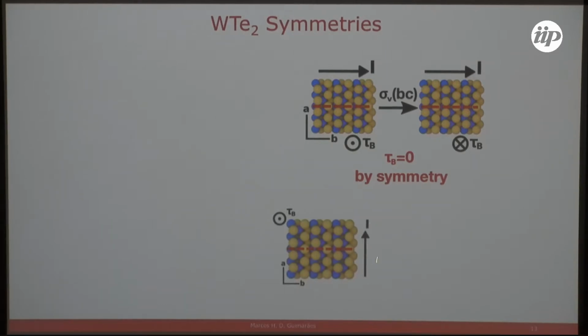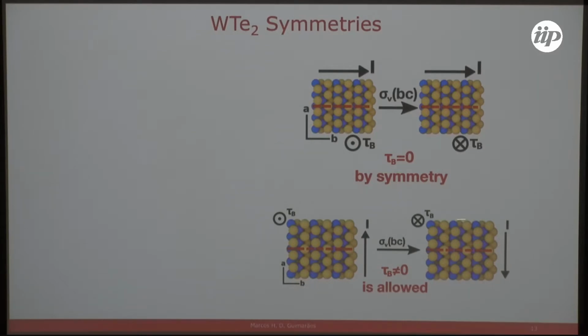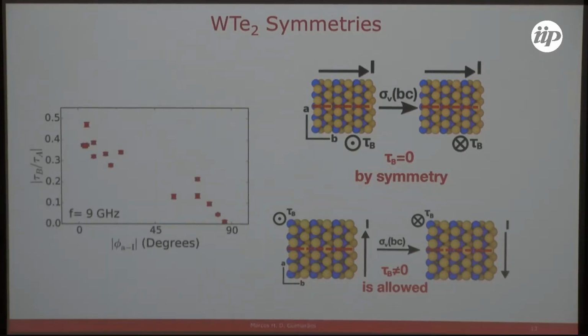But what if I flow the current perpendicular to this mirror plane? Then the mirror plane will reverse the current direction, but also reverse the torque. So symmetry considerations will just tell you that that's allowed. And it turns out that if you make many devices with the current pointing in different directions with respect to the mirror plane, you can see this out-of-plane anti-damping torque as a function of the angle to the a-axis, the direction perpendicular to the mirror plane.